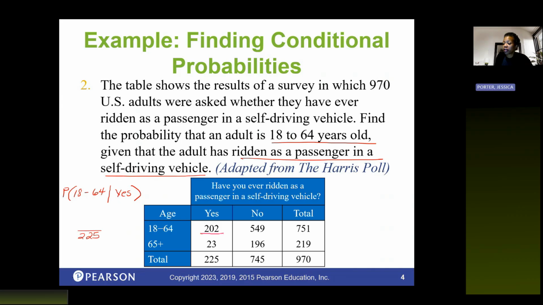And your numerator would be 202. That's an easy mistake to make because we've been using the entire set the whole time that we've been kind of talking about this. So 202 divided by 225. Okay.